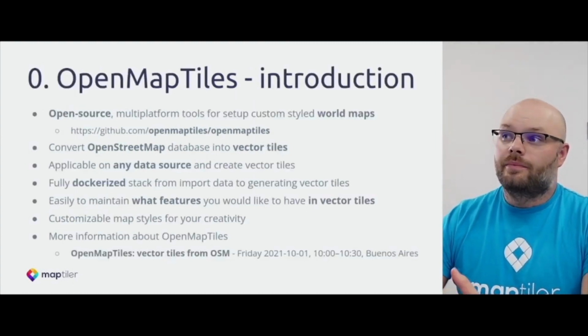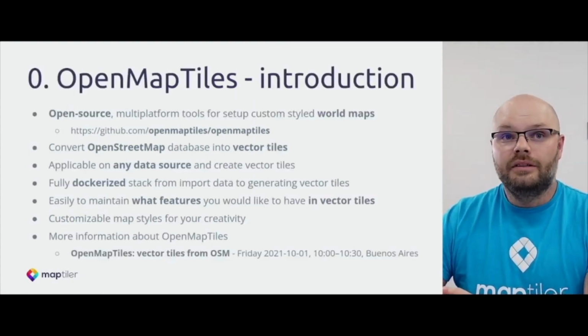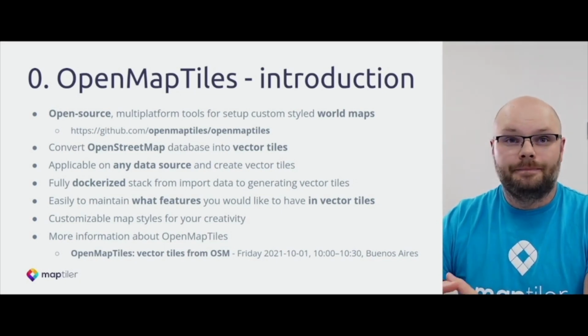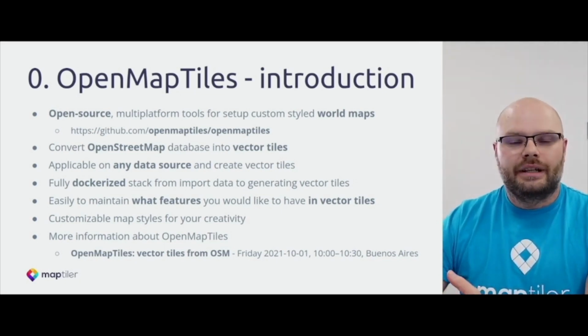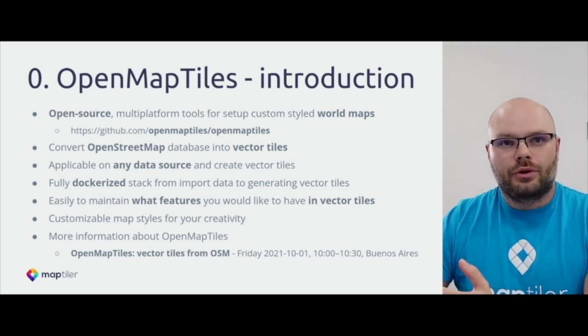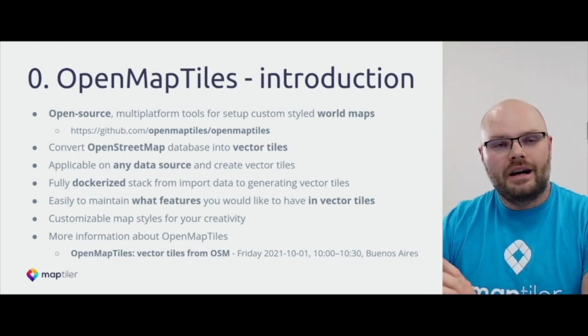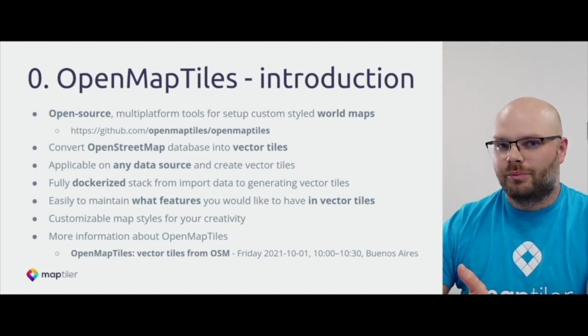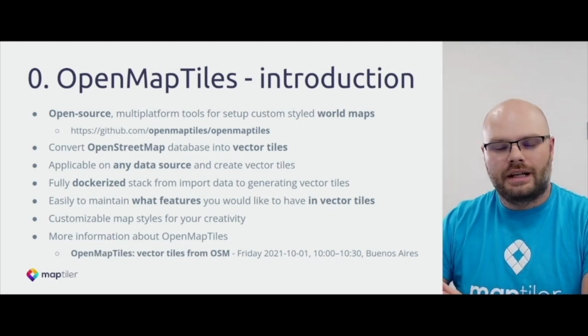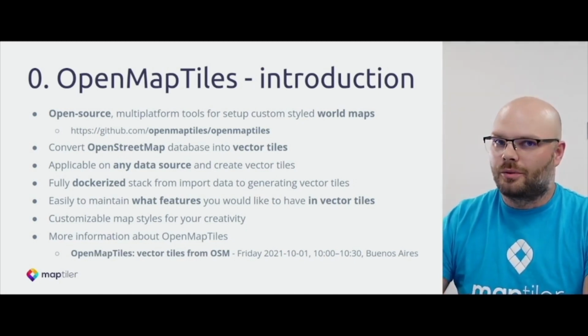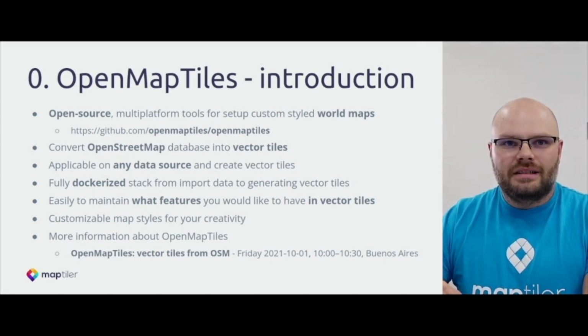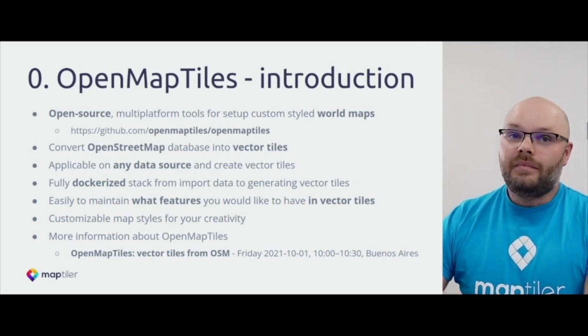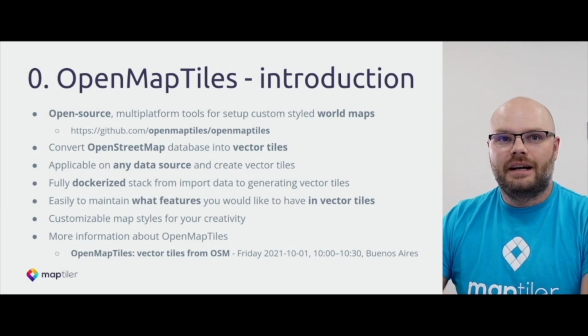But first of all, I would like to introduce the OpenMapTiles project. OpenMapTiles is an open source project which allows you to convert OpenStreetMap or any other spatial data from PostgreSQL to vector tiles in MBTiles format. There are basically two projects: OpenMapTiles, which defines a schema.